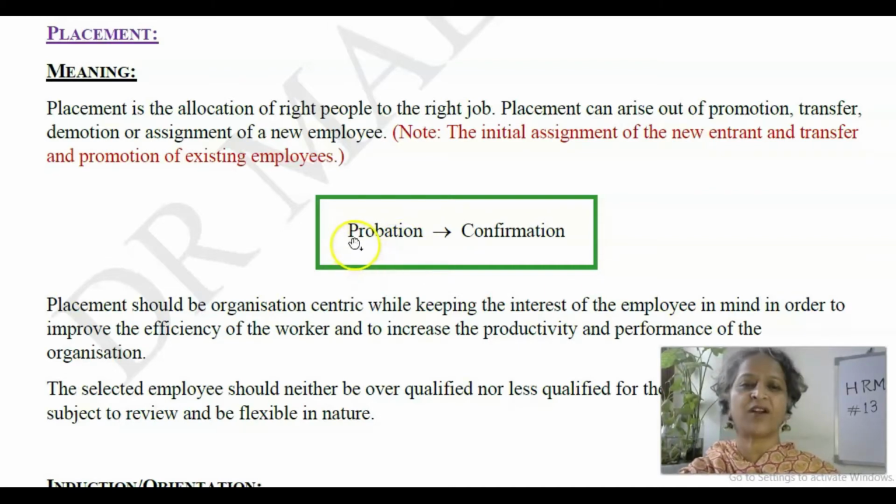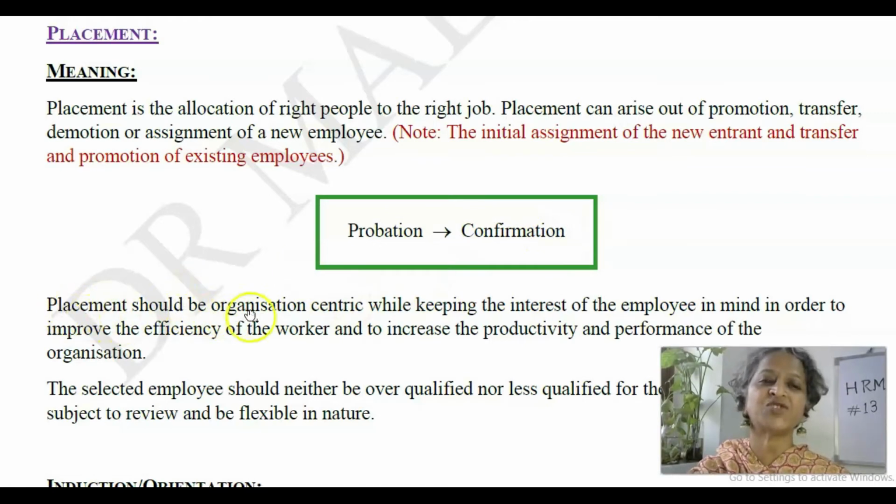So if it is a period of 1 year, then after 1 year, if the performance of this worker is found satisfactory, his or her job is confirmed. Similarly, even this employee has a choice to continue or not to continue after this period of probation. So this period of probation is termed as a cooling off period, where both the employer, the organization and this new employee get a chance to know each other, and then confirmation takes place.